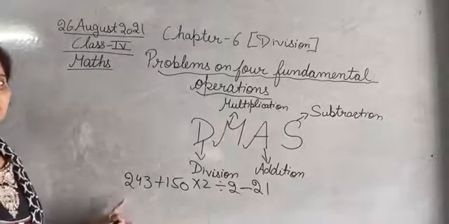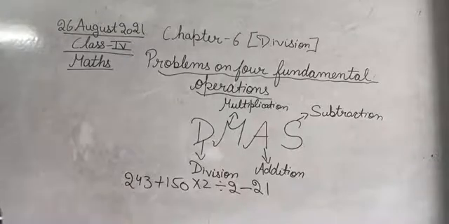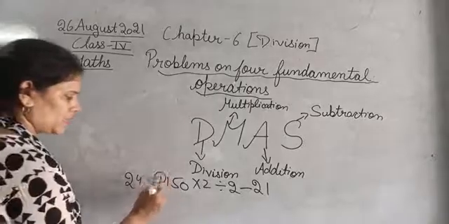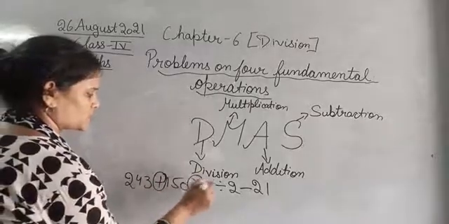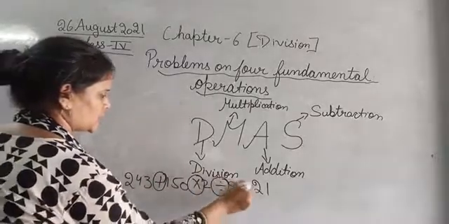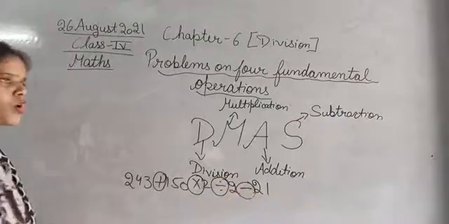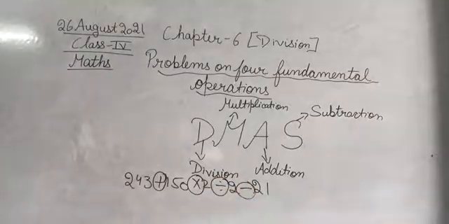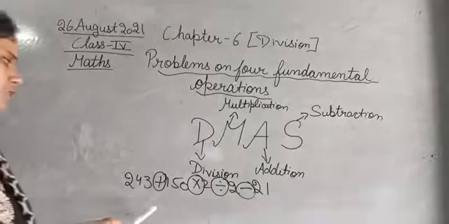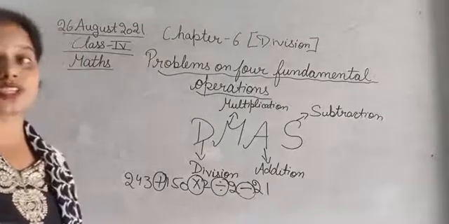So how are you going to solve it? You can see plus is there, multiplication is also there, division is there, and subtraction is also there. So all four fundamental operations of mathematics are being used here: addition, multiplication, division, and subtraction.